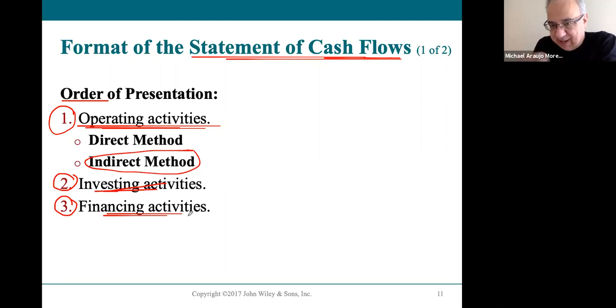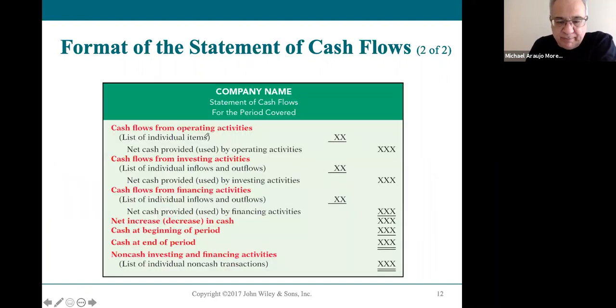So financing activities can go both ways. Sometimes there's positive cash flow, so there's cash coming in. Sometimes there's negative cash flow, which simply means there's more cash going out. So you will see this order on all these statements, and you'll be doing them next week. Woohoo! This is what a statement looks like in general, and it goes through that order that we just looked at. It'll have a very formal title, like most financial statements do: the name of the company, the name of the statement, and the period.